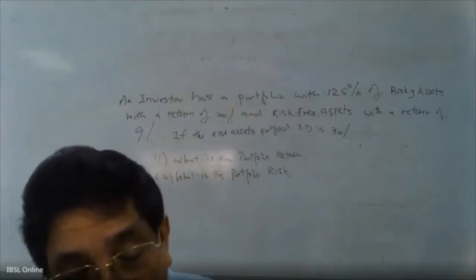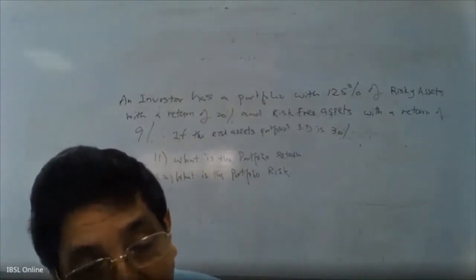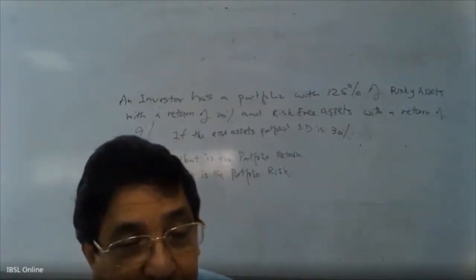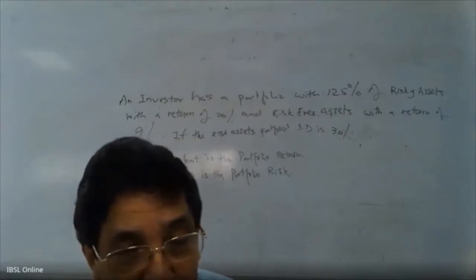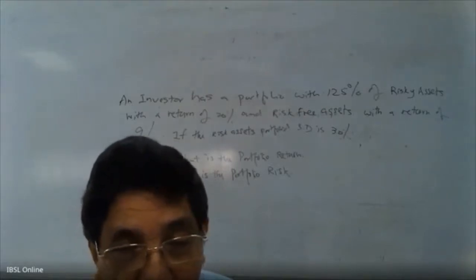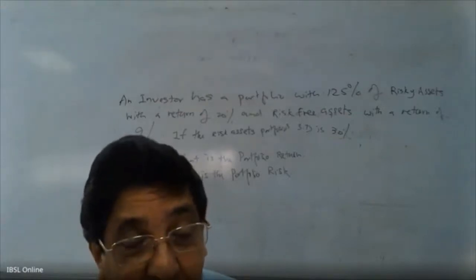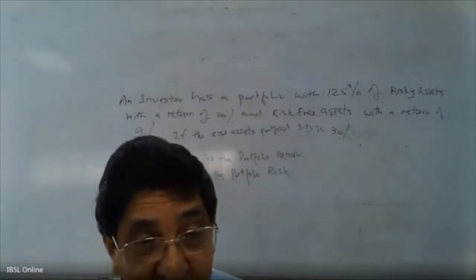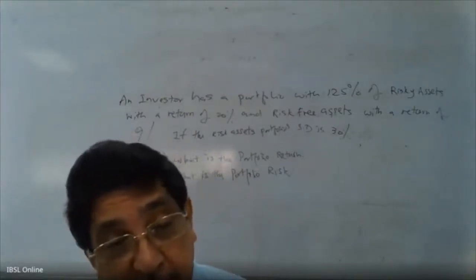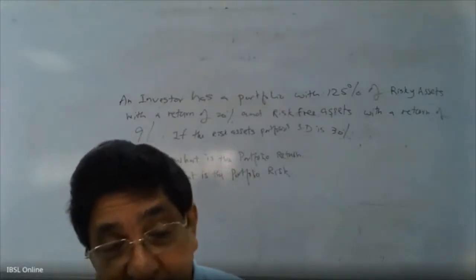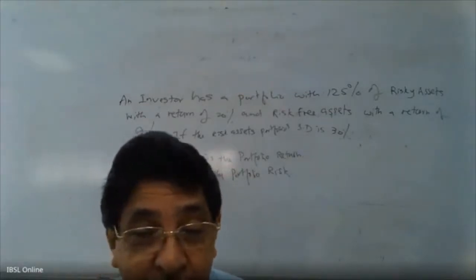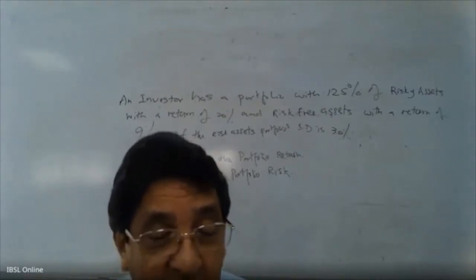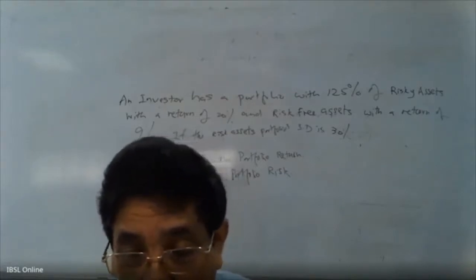Risk-free assets give a return of 9%, risky assets give a return of 20%. By doing this type of investment, the investors expect to have a higher return. That is why they have a leverage portfolio like this. Try to get the answer. Anyway, I can give you a break now, and by 10:45 I will start.